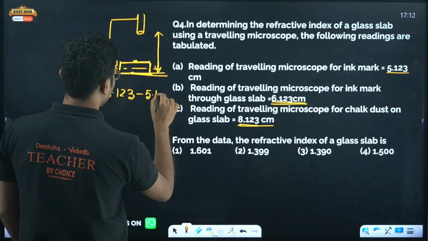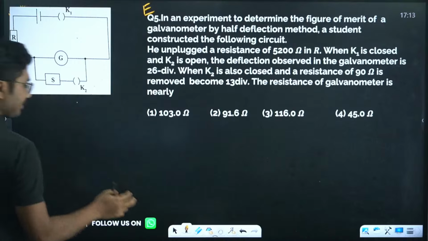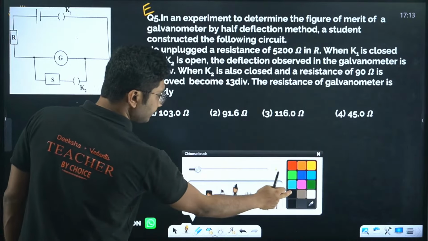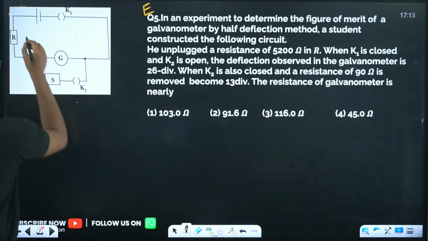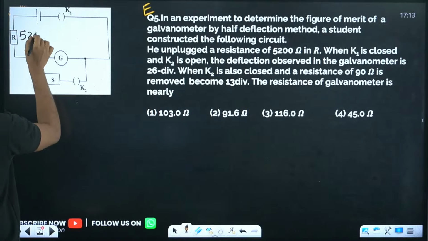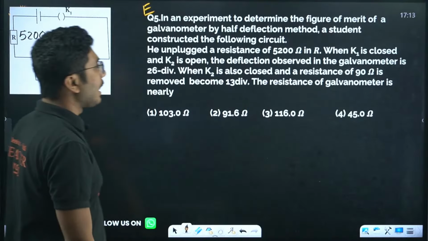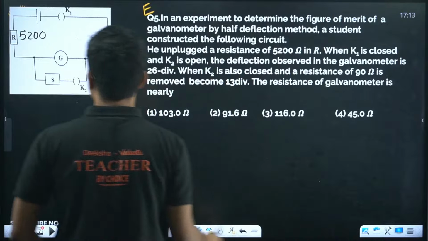So this is the circuit. He unplugged a resistance of 50 to 100 ohm in R. So in R the resistance is 50 to 100, while K1 is closed.